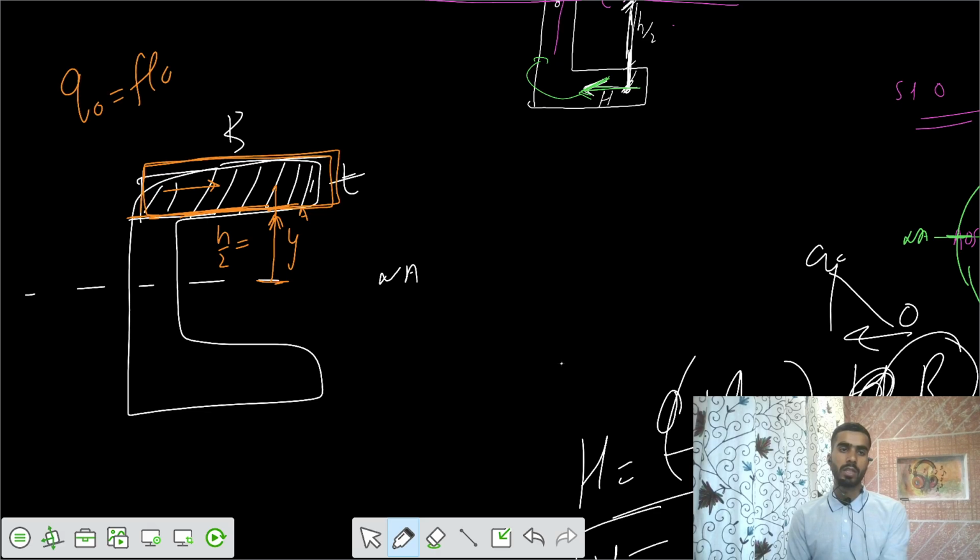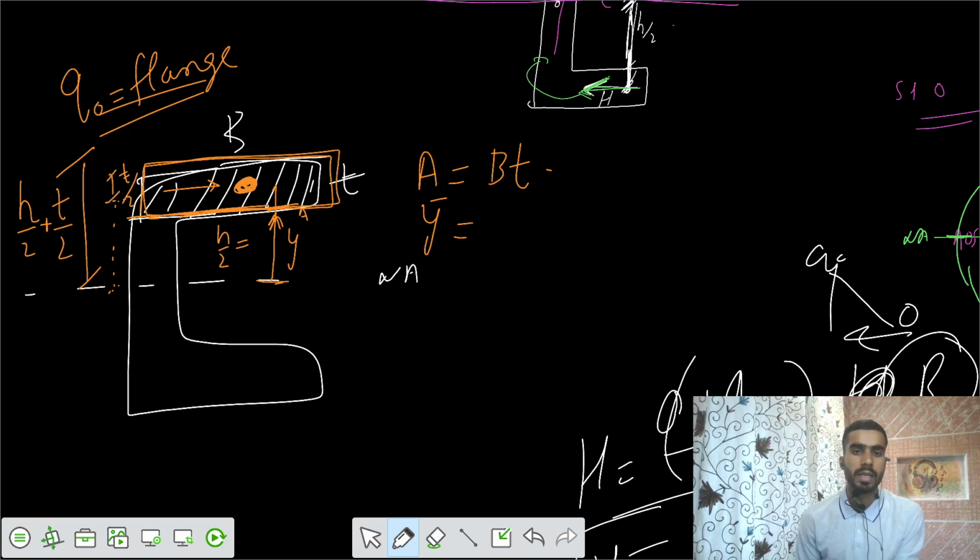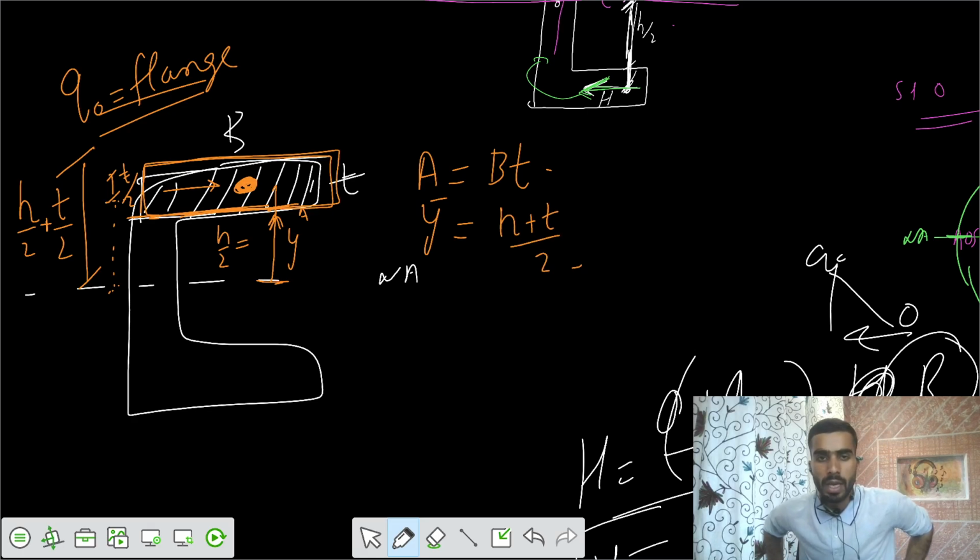In the flange, the area above that point would be b into t. And the centroidal distance of that bt is somewhere here, at a distance of h by 2 plus t by 2. H by 2 is up to the center, then after that we have thickness by 2. So you got ay bar equals bt into (h plus t) by 2.